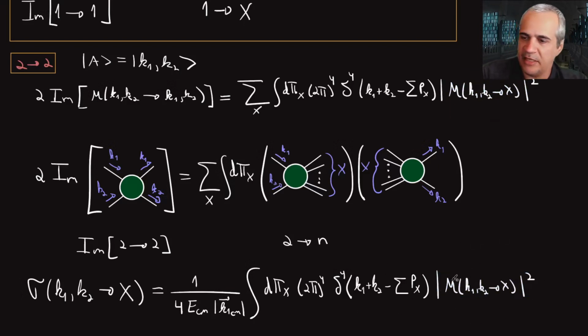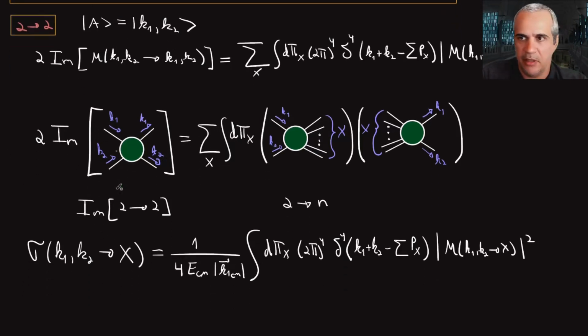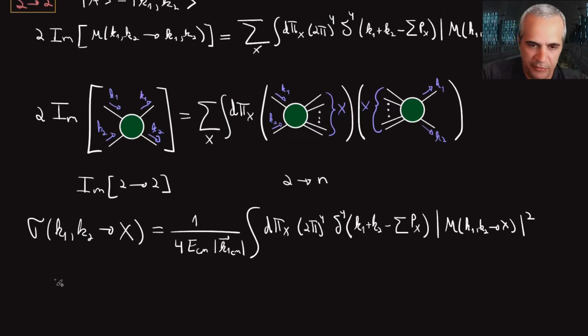And you see that this is basically this guy, right, up here, times some numbers, right? So I can again take this part that is common here and here, send this multiplying to the other side and substitute there. So I can write the imaginary part in terms of the cross section.